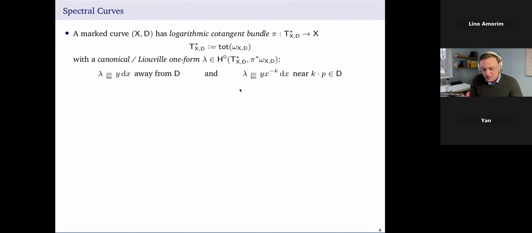But if I'm trivializing it around a point P in D, and let's say the multiplicity of that point is k, then the generator of the vector space above P of covectors, my generating covector, is no longer dx. It's this meromorphic covector, x to the minus k dx.